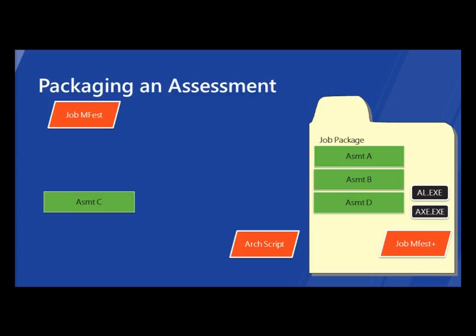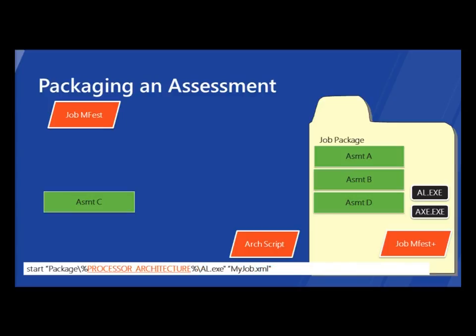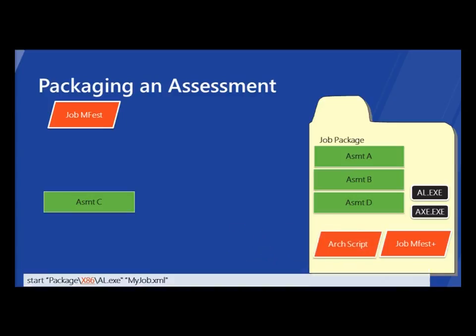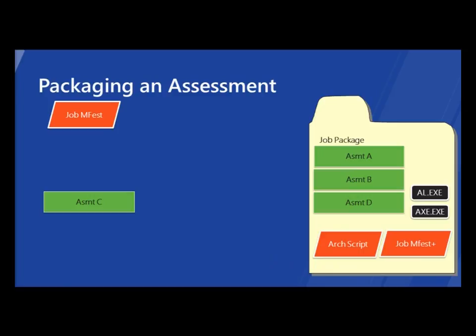This executes the right tools and assessment code using the system's architecture environment variable. You'll notice the %PROCESSOR_ARCHITECTURE%. When we run that, it actually gets translated, in this particular case, into the x86 directory. We then take that architecture script and add it to the job package.